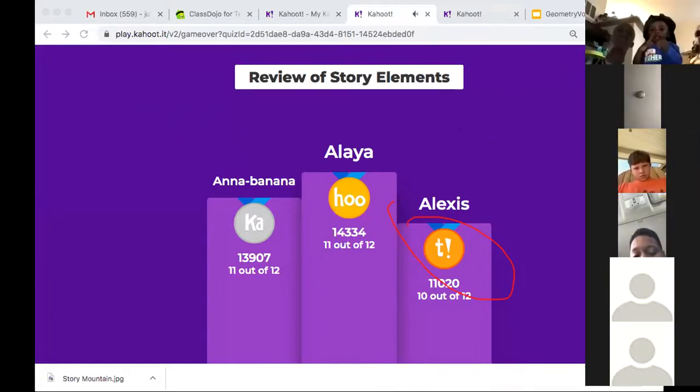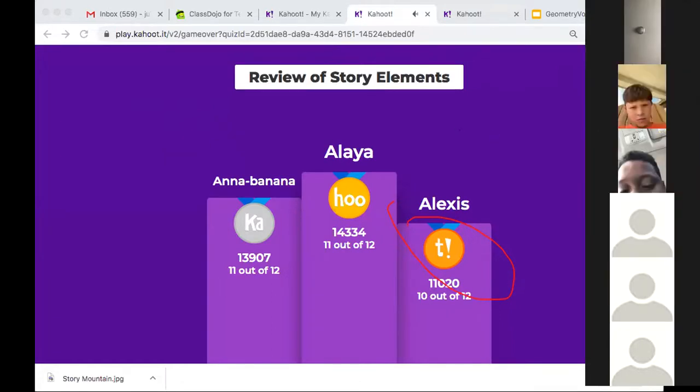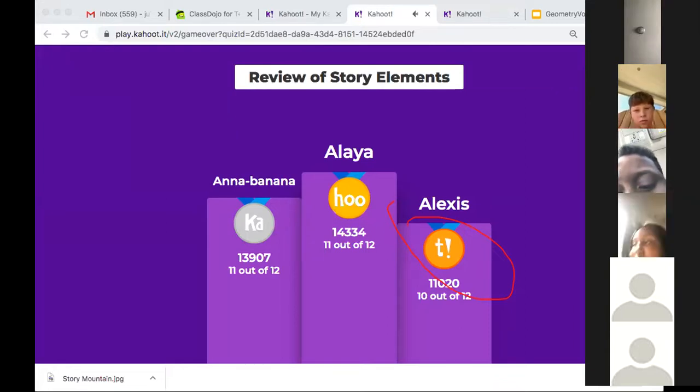So first, how many blue dots do you see? Can you guys see on Zoom? I'm sharing my screen on Zoom.